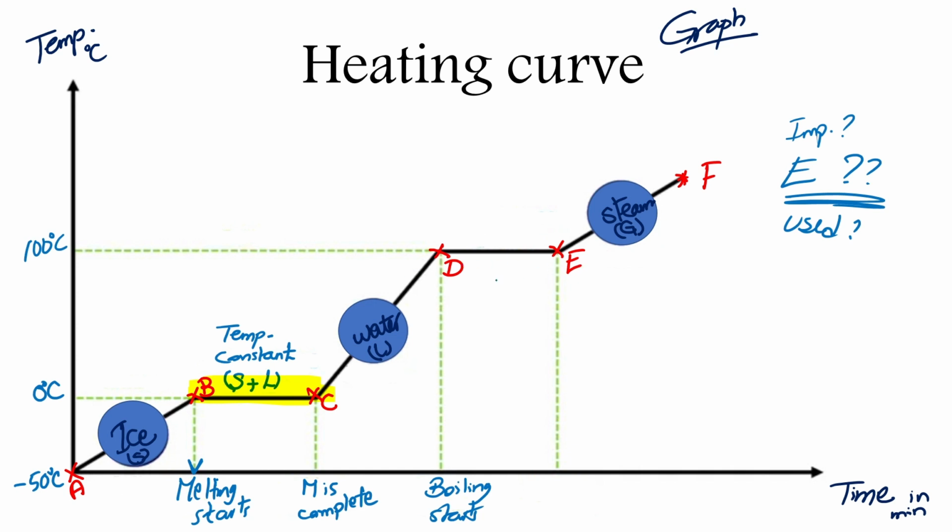This energy is used to overcome the attraction forces between the particles. So between D and E, we'll find a mixture of a liquid and a gas. Then at point E, boiling is complete and all the particles turn into the gaseous state. We have here steam or water vapor.